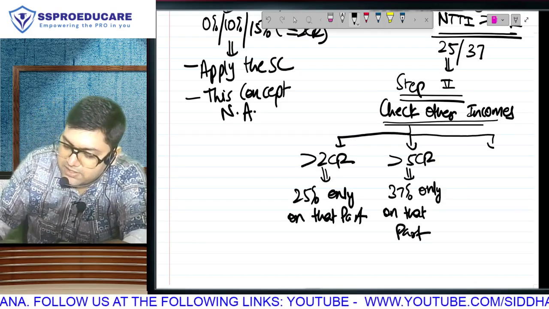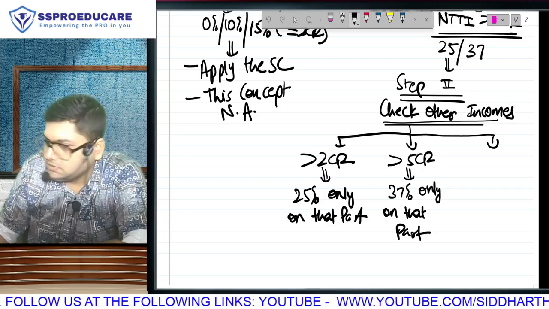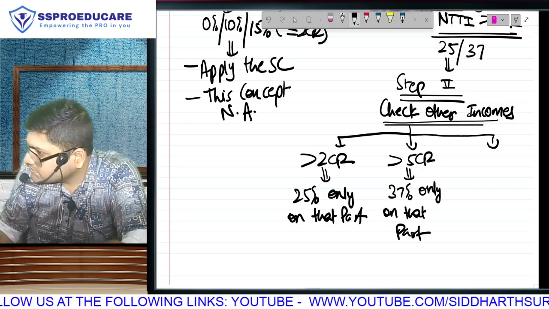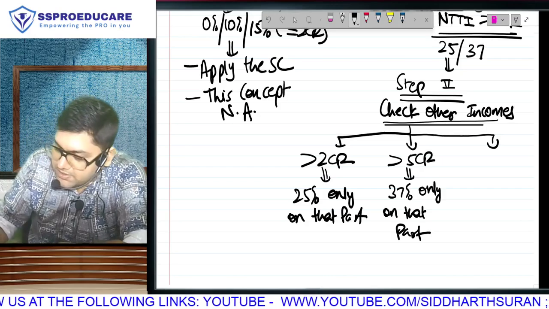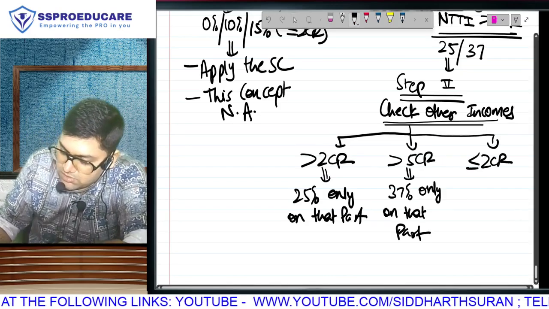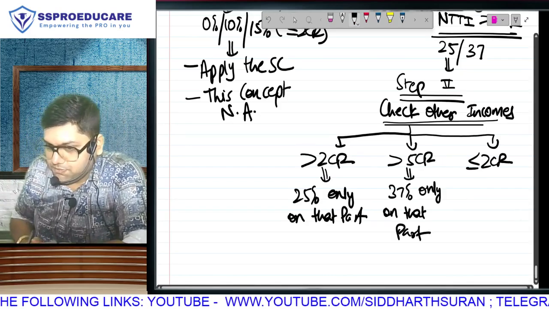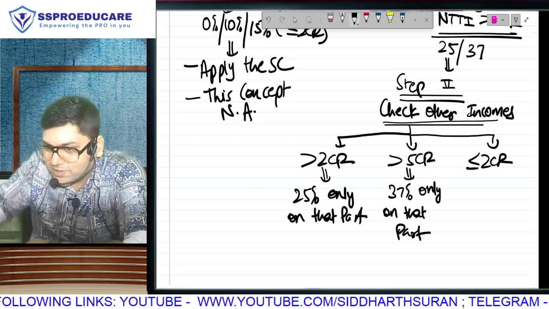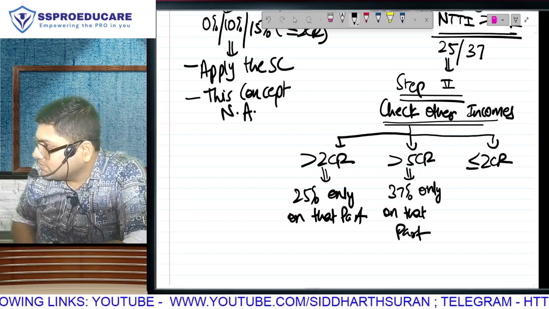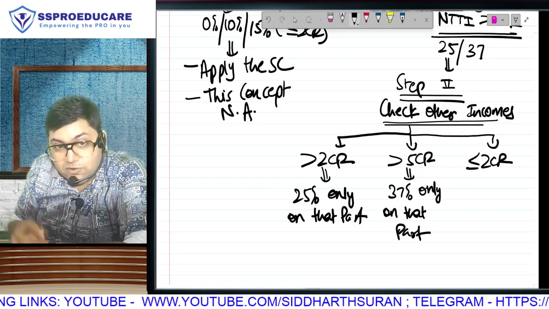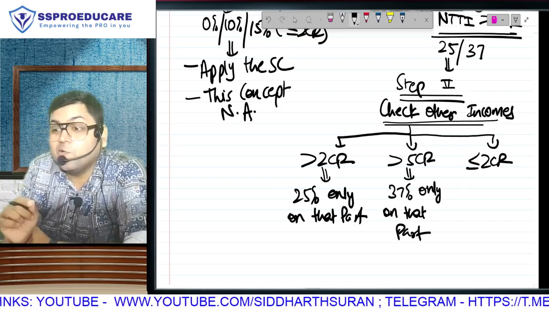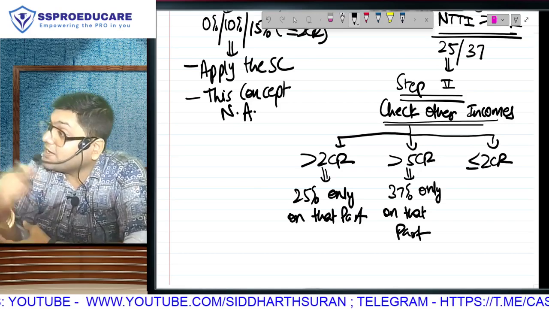But if the other incomes, other than the 5 special, salary, house property, PGBP, if that is coming to 2 crore or less, sir, total was more than 2 crore. Hello? But other income is not more than 2 crore. 25, 37 can apply only on other incomes.